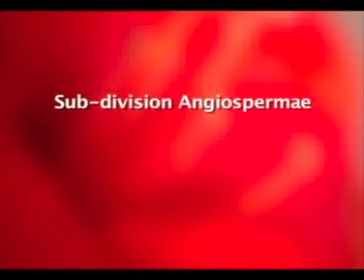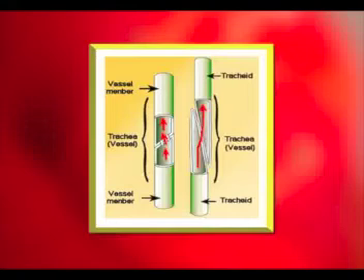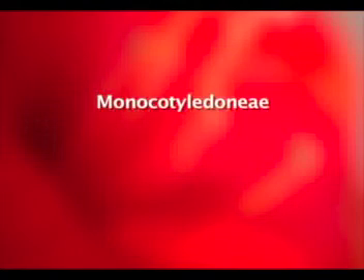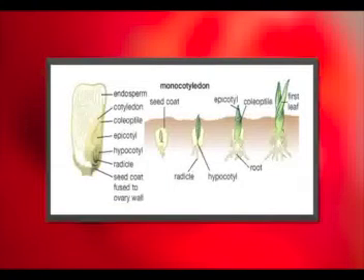Subdivision Angiospermae. The subdivision Angiospermae is based on the characters that ovules are enclosed in the ovary and tracheae or true vessels are present. It is divided into two classes, Monocotyledons and Dicotyledons. First, the Monocotyledons. This class is characterized by a single cotyledon, leaves with parallel venation, flowers trimerous, and stem with closed vascular bundles.